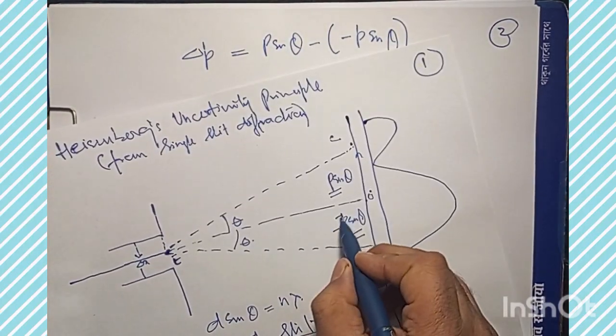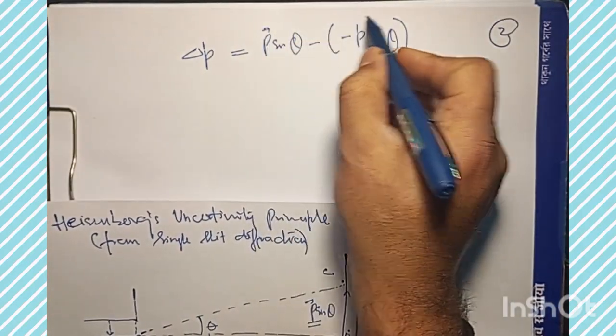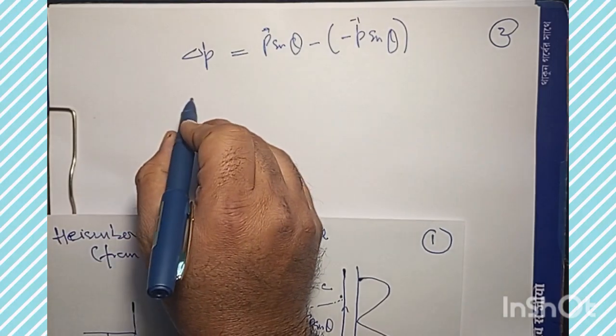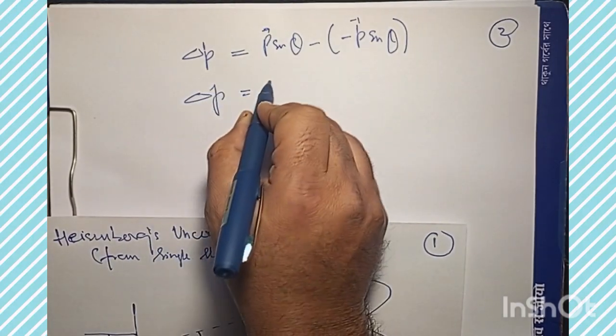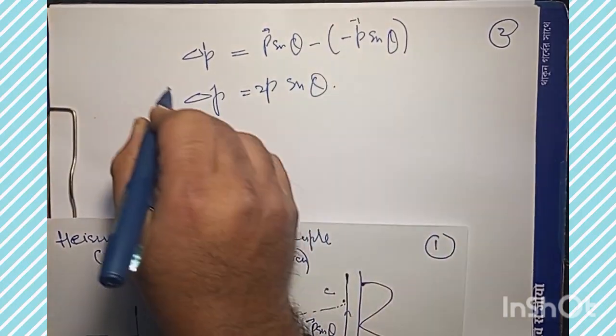They are vectors, we can understand that. If I take the magnitude, this is 2p sine theta.